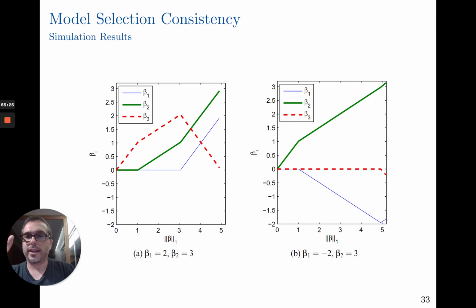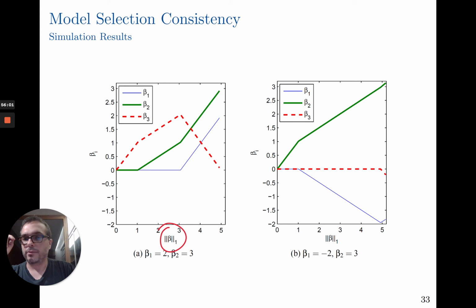So in the first case, you see that as we increase the lambda, Lasso picks 3 and 2 as relevant variables. Here we are increasing the L1 norm, so we are decreasing lambda.